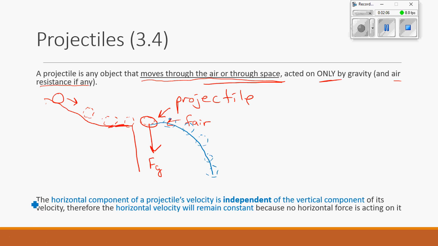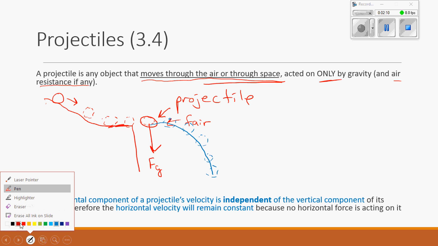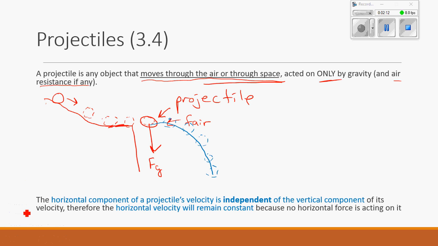So one thing to keep in mind about all projectiles is this point. The horizontal component, so we know that horizontal is straight back and forward or left and right.